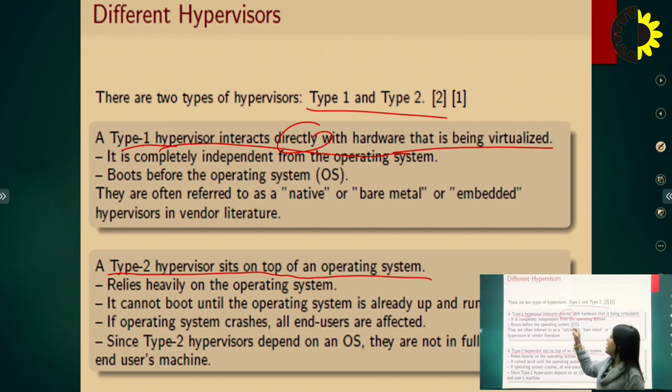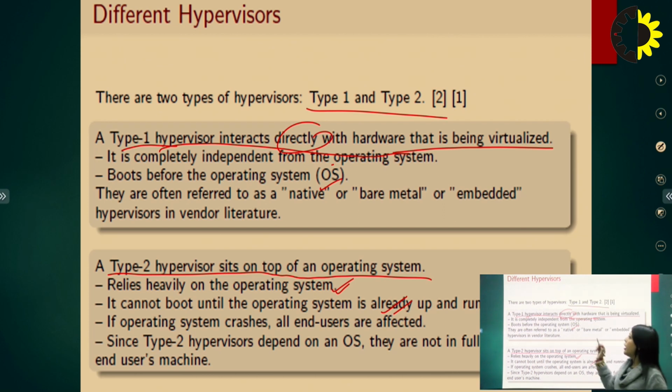Type 1 is completely independent from the operating system, but type 2 hypervisor is dependent on the operating system. So type 1 hypervisor boots before the operating system, but type 2 hypervisor cannot boot until the operating system is already up and running. In type 2, if the operating system crashes, all end users are affected.